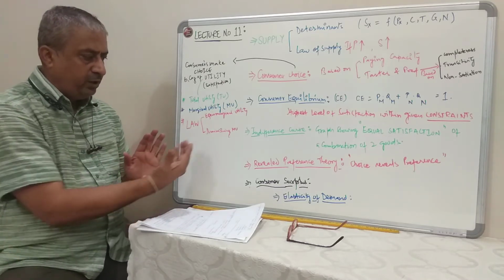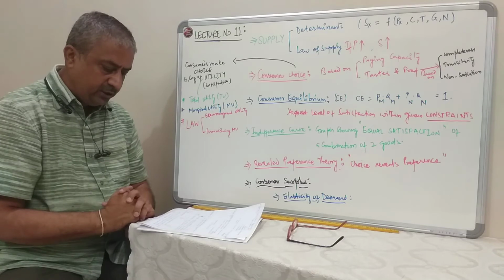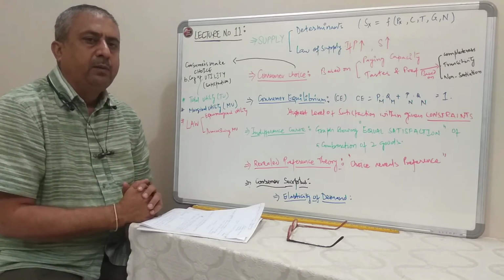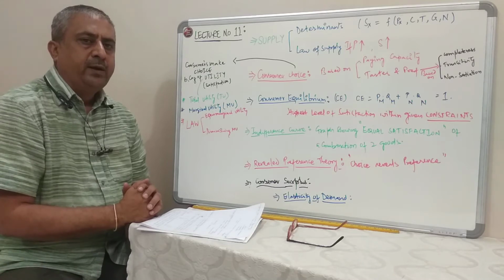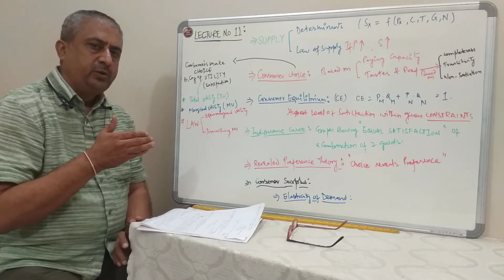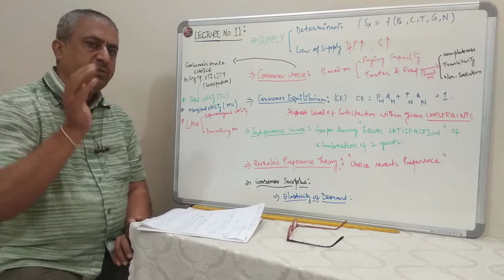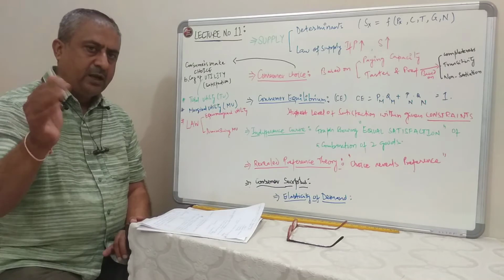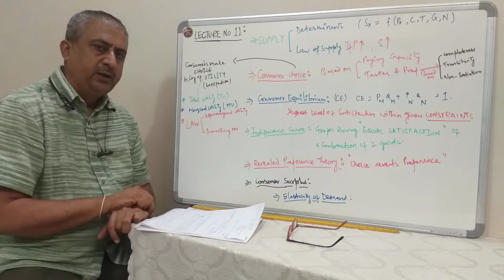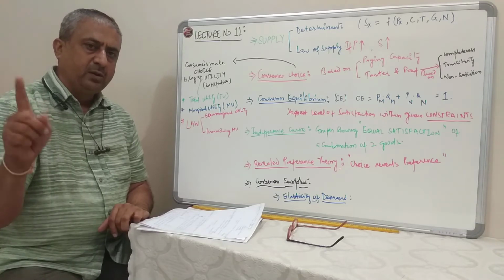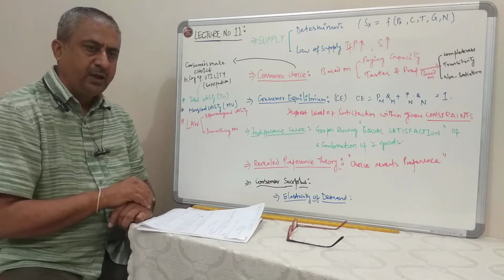Now, what is diminishing marginal utility? Say for example, now you are buying 1 liter of milk, and over a period of time, you keep on increasing your consumption. If you are buying 1 liter of milk, your buying is consistent, 1 liter every time.